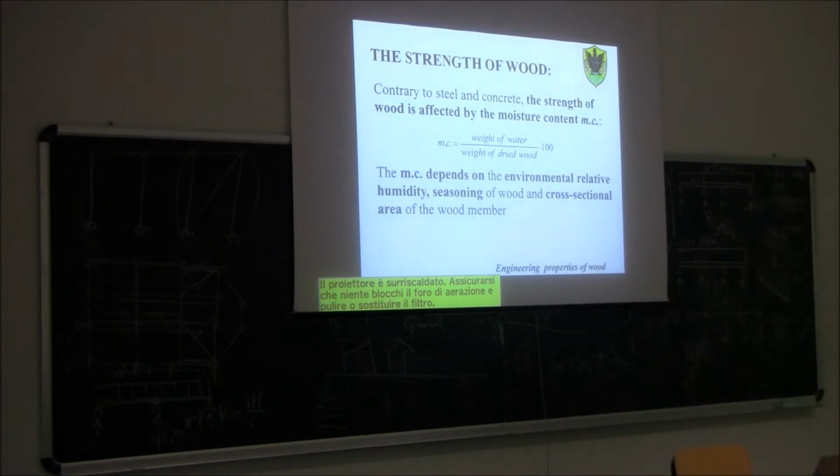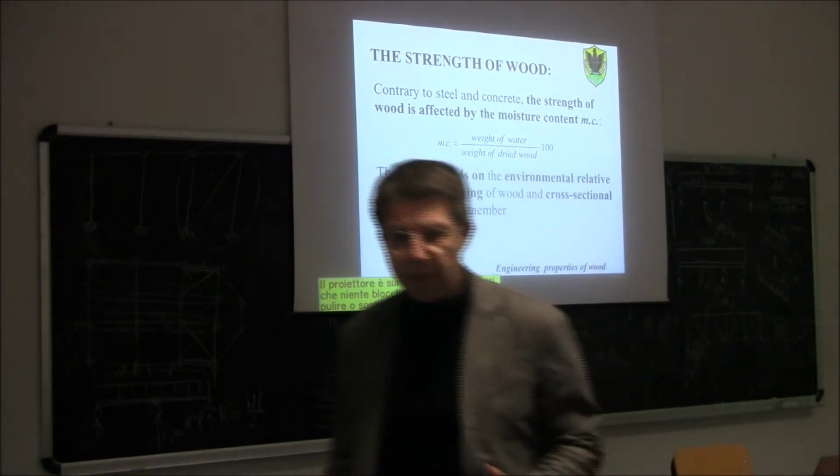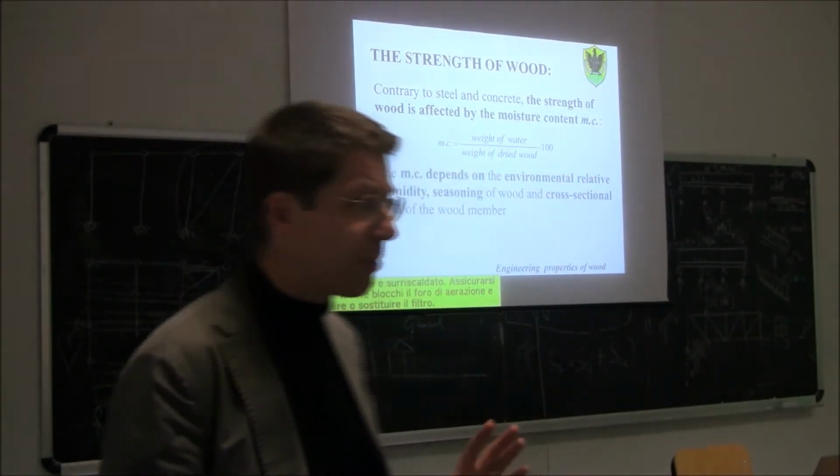You know that when we are talking about an environment, there are two properties that in some way measure the climate. Climatic conditions are relative humidity and temperature. So the moisture content of timber is mostly affected by relative humidity, but also by temperature.